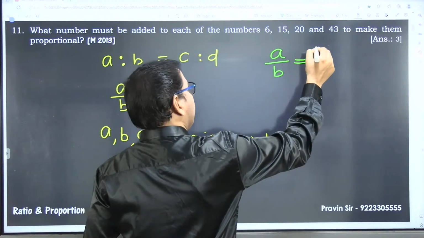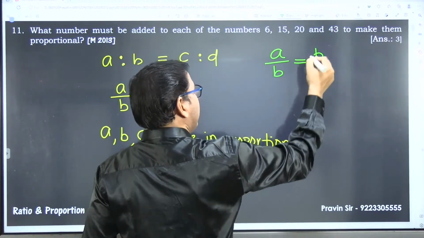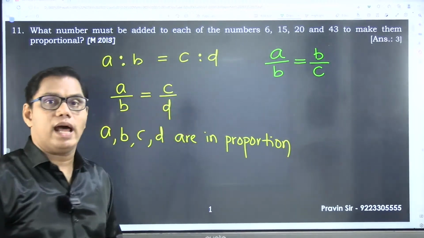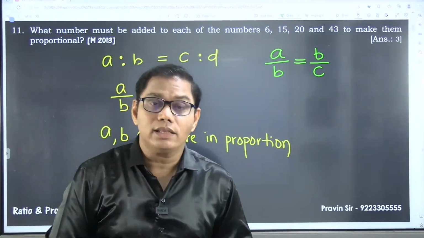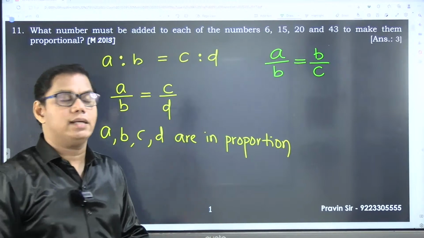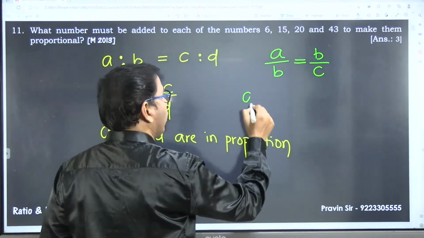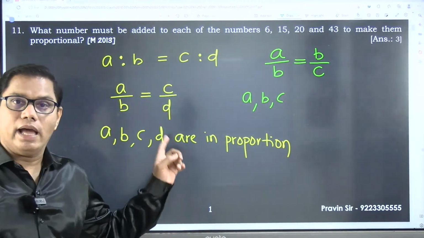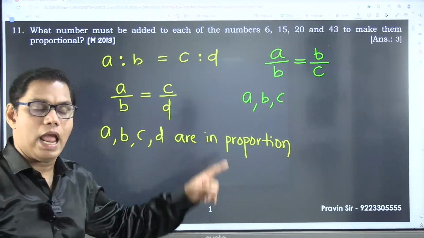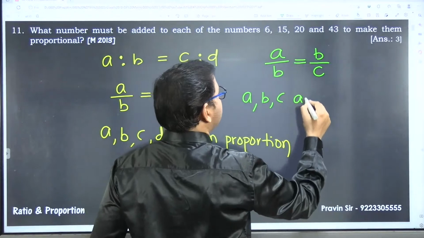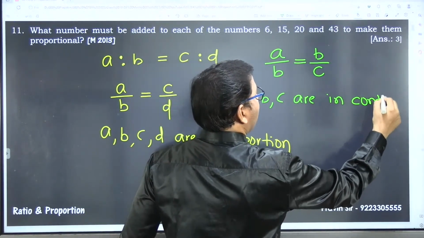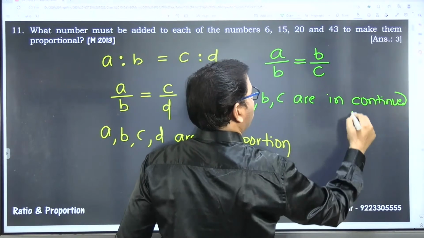That means I continue this B in the numerator of the second ratio, that is C. So there are three terms A, B, and C, but this B is in a continued form. Then we say these terms A, B, C are in continued proportion.